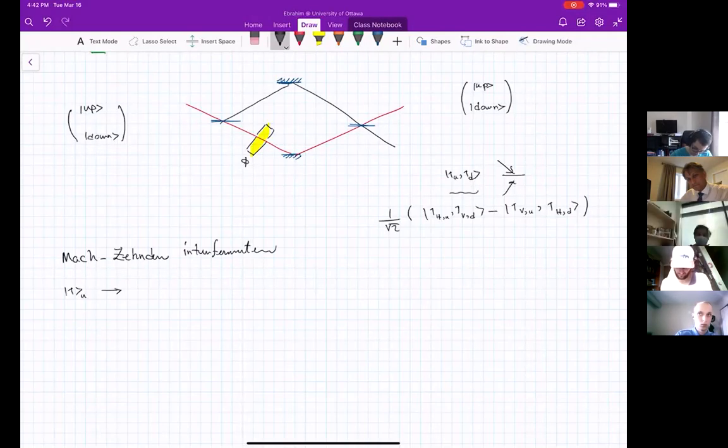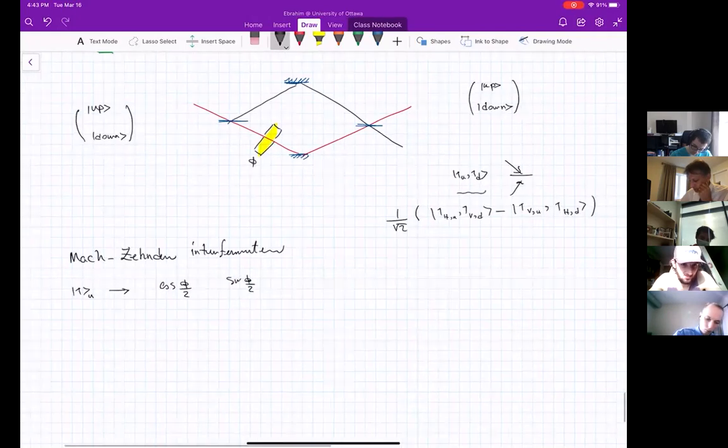It's like cos(phi/2) over sin(phi/2), with maybe a minus sign. Both of them, right? I think minus sign on the cos.